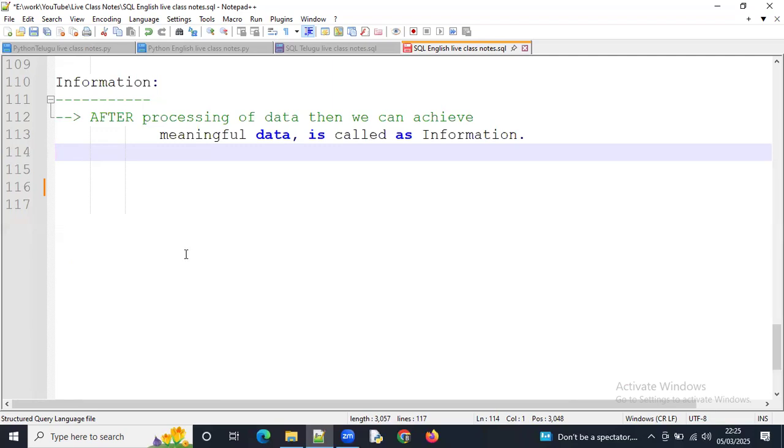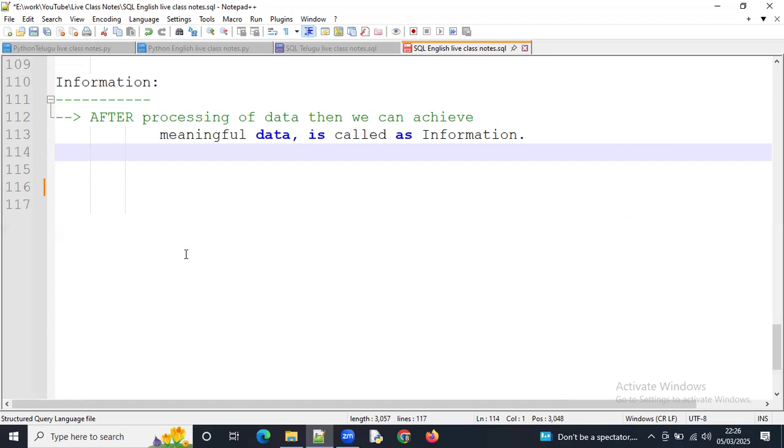For example, let's take a small example. Now we are going to take two multiplied by two. That means we are processing the data, and the processing here is multiplication. For example, I have taken 2 into 2, mathematics.